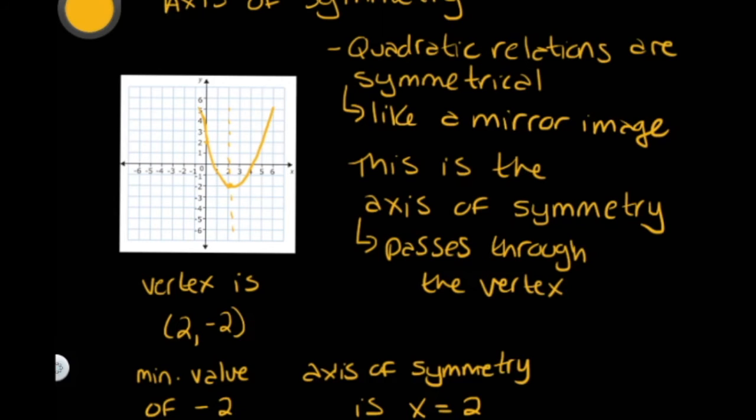So wherever that mirror, if you think of it as a mirror image, it's like you have one half on one side and one half on the other, and the mirror is running straight through. So wherever that mirror would be, crossing the x-axis, that is our axis of symmetry. So for this parabola, the axis of symmetry is at 2. So we write x equals 2.